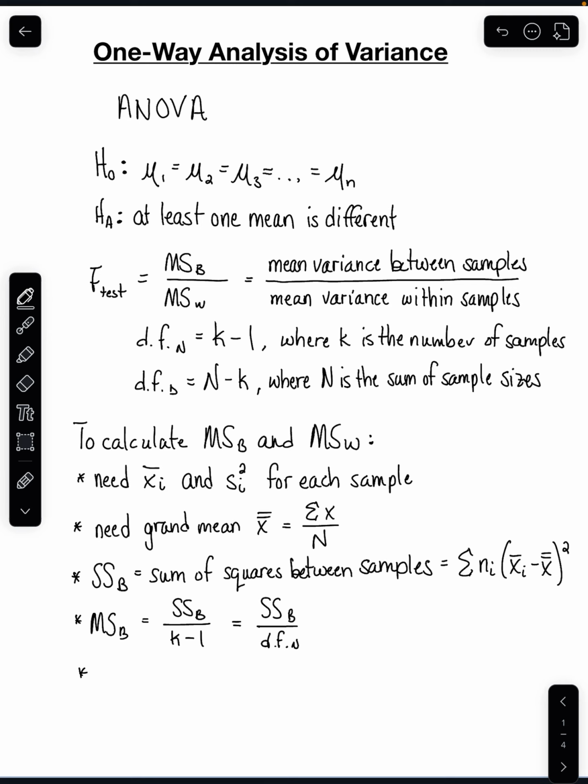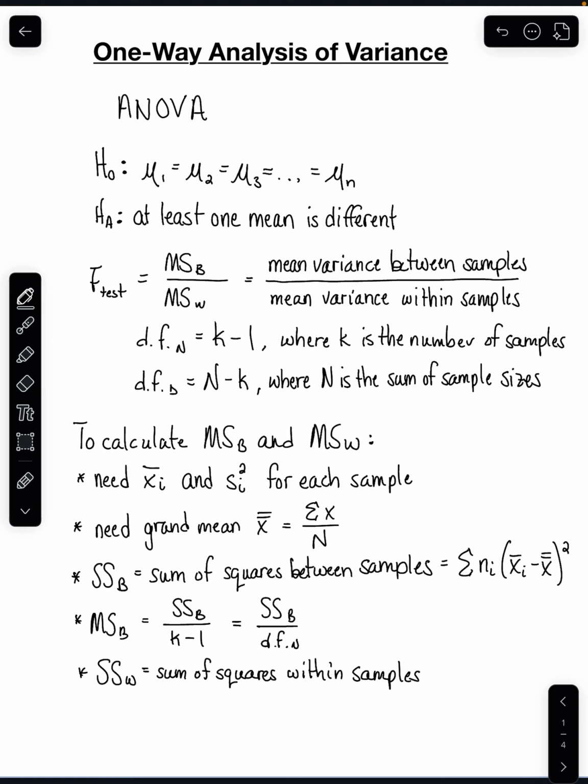To get MS sub W, we need to find the sum of the squares within the samples. Now, when we're talking about between the samples, we're supposed to look at how each sample lines up with each other sample.